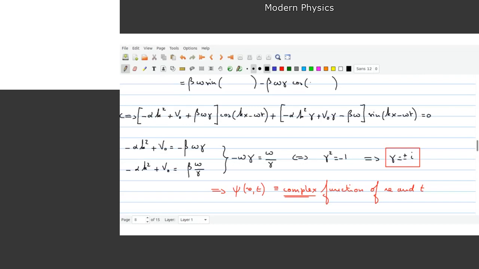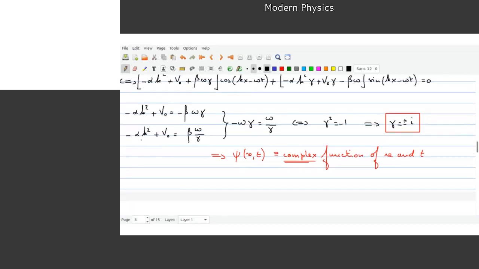This may seem very strange, but actually this only means that if we want the solution in this shape, the coefficient gamma of the wave function has to be plus or minus i, where i is the square root of minus 1.